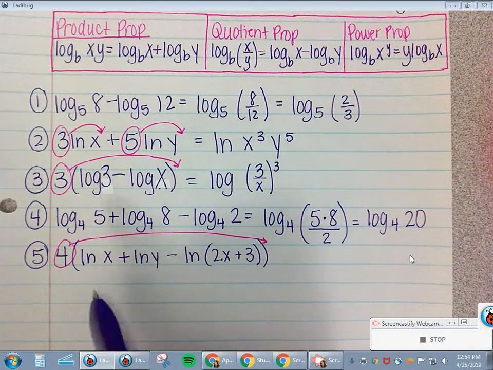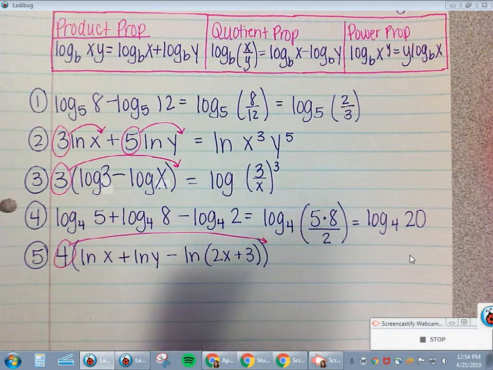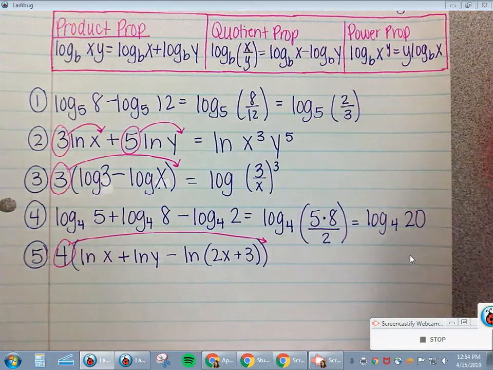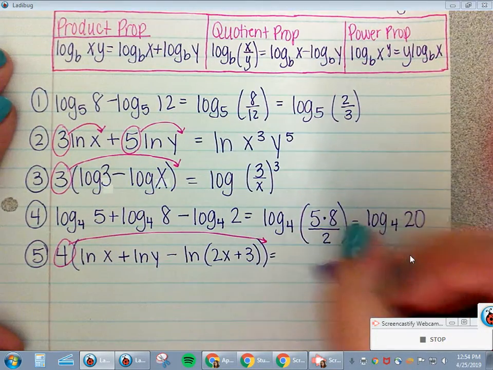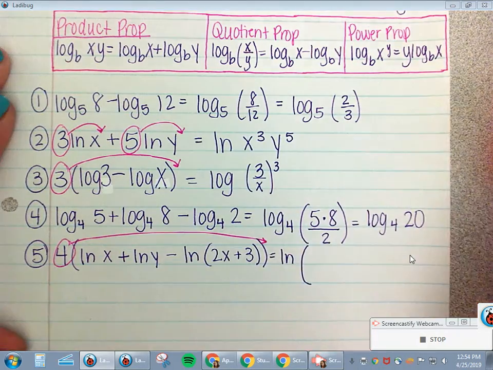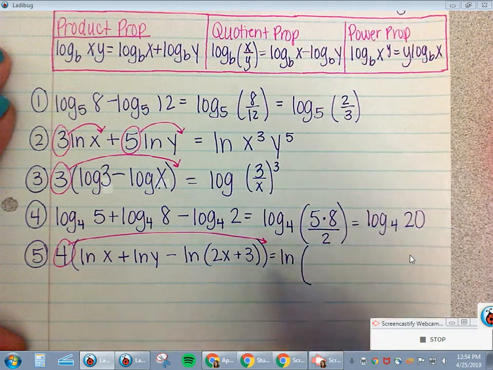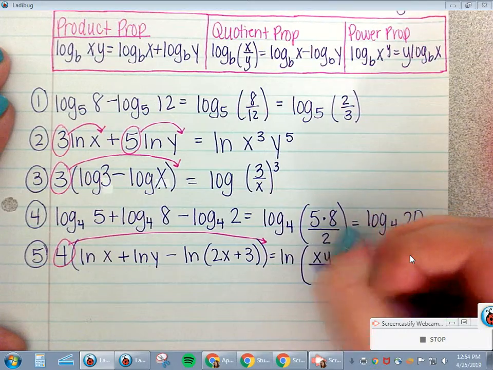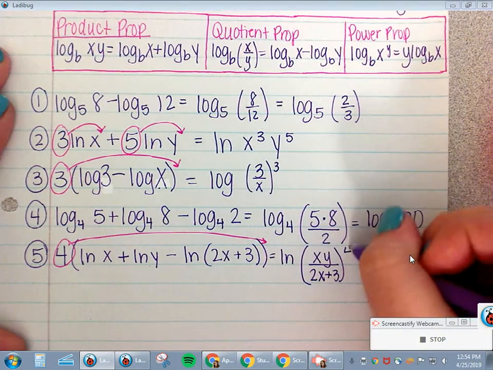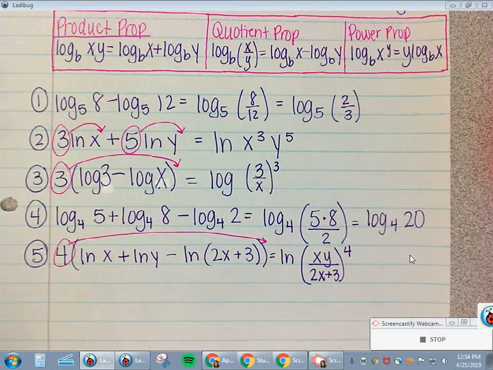And then on the inside, again, I have a plus and then a minus. So I'm going to have x times y over this thing. Let's do that first. So we've got the 4 on the far outside. So natural log of the quantity, xy over this business, all to the 4th. All right, that one looks good.